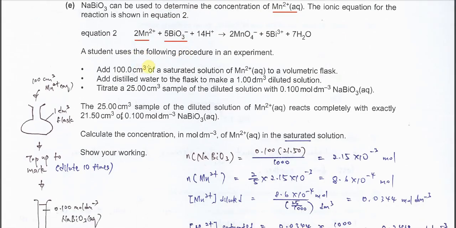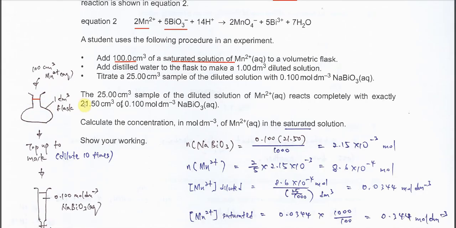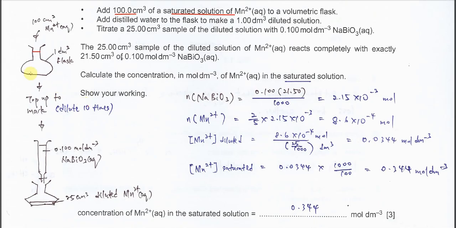A student used the following procedure in an experiment. First, the student adds 100 cm³ of saturated solution of manganese(II) to a volumetric flask. Something like this, put 100 cm³ in 1 dm³. After that, add distilled water, top up to the mark, and from the solution prepared, we need to take 25 cm³ for titration.